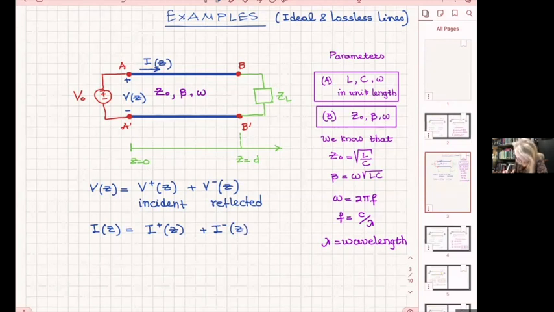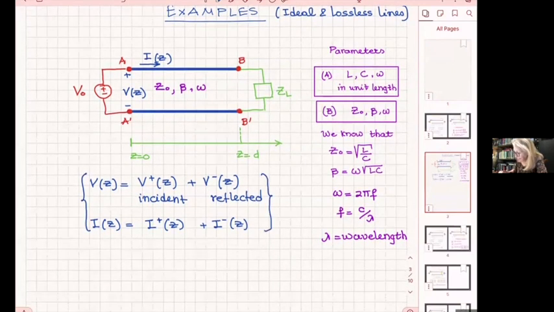And then we can represent each one of them in the following way.